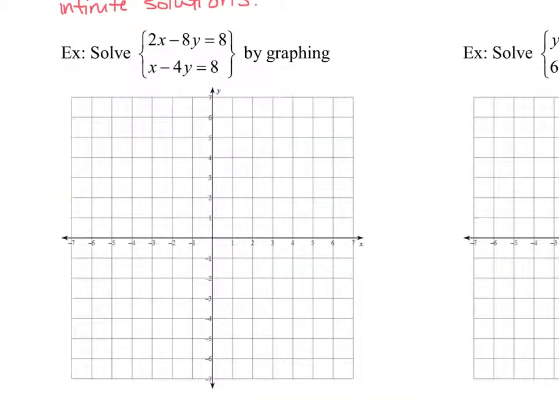So for instance, on this first example, both of my equations are in standard form, so I'm going to graph using intercepts. On the first equation, my x-intercept is going to be at 4, and my y-intercept is going to be at -1. And then for my second equation, my x-intercept is going to be at 8, which is out here, and my y-intercept is going to be at -2.